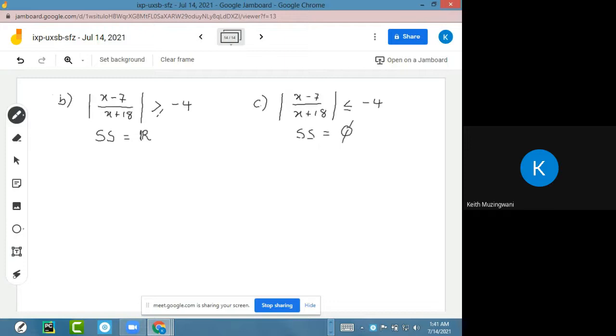All positive numbers are bigger than negative numbers. So whenever I find the modulus less than a negative number, I don't do any solving, I just write that the solution set is empty. Whenever I find the modulus greater than a negative number, I don't do any solving, I just say all real numbers will suit this.